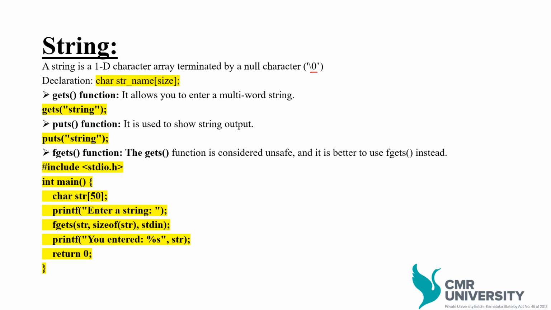Puts is used to show string output, and gets is considered unsafe. When gets is considered unsafe, it is better to use fgets because it is safer and holds the value very reliably. These are the three functions for strings. You can go through the syntax and the example program here.